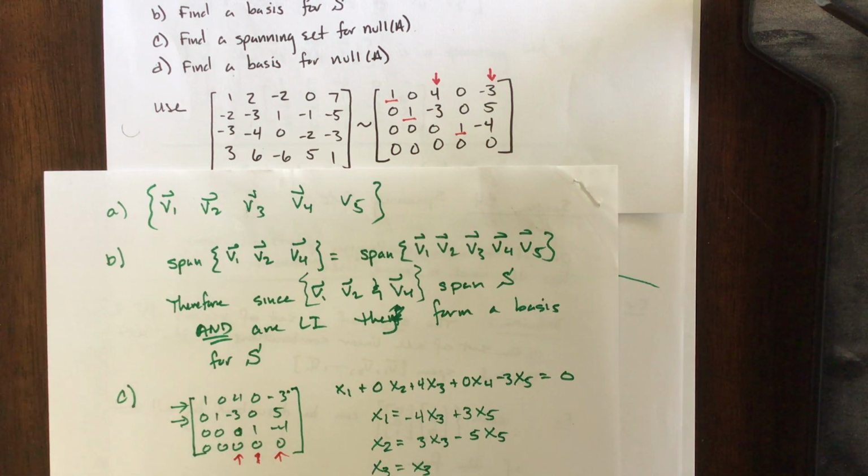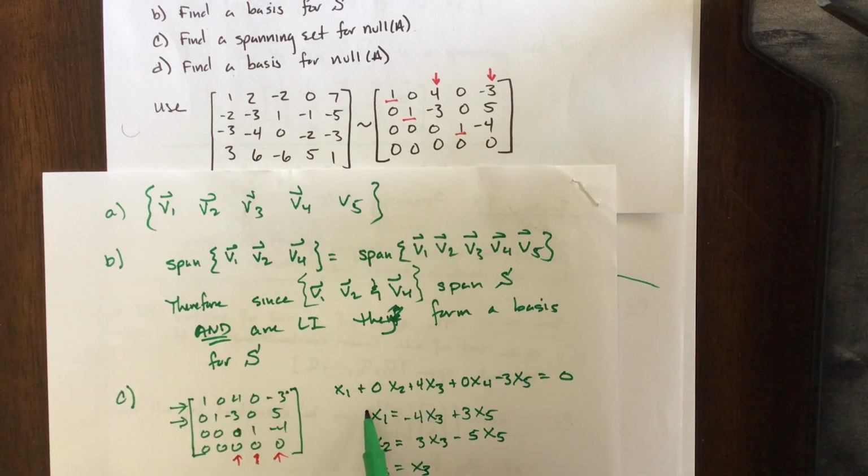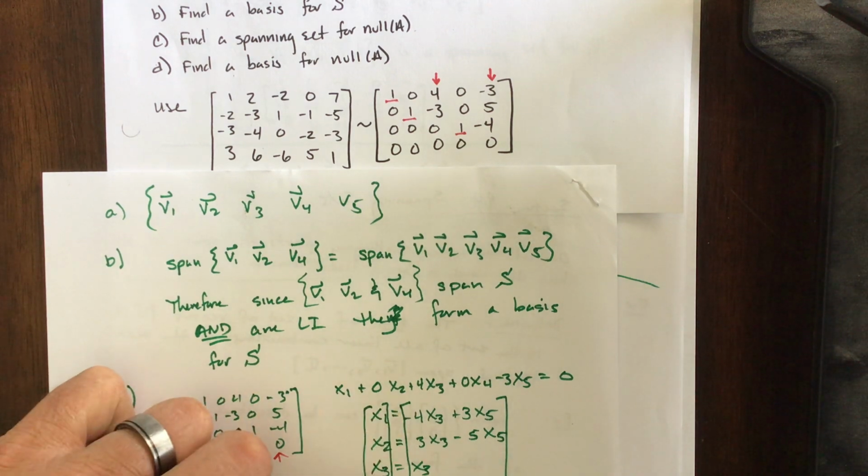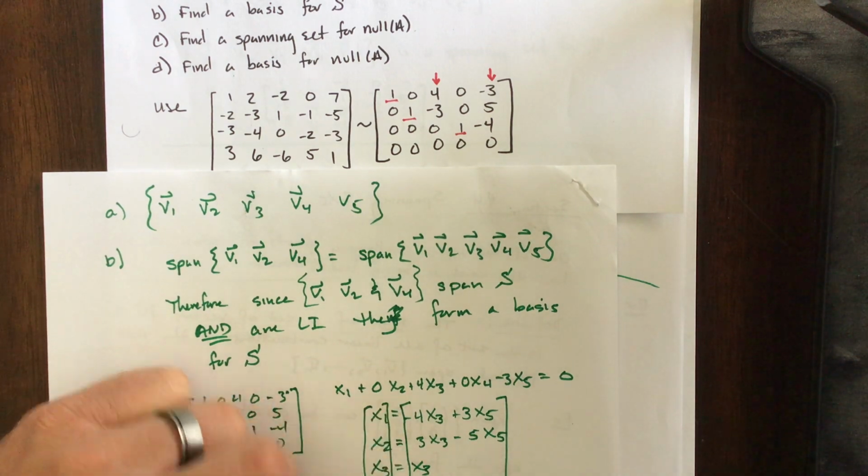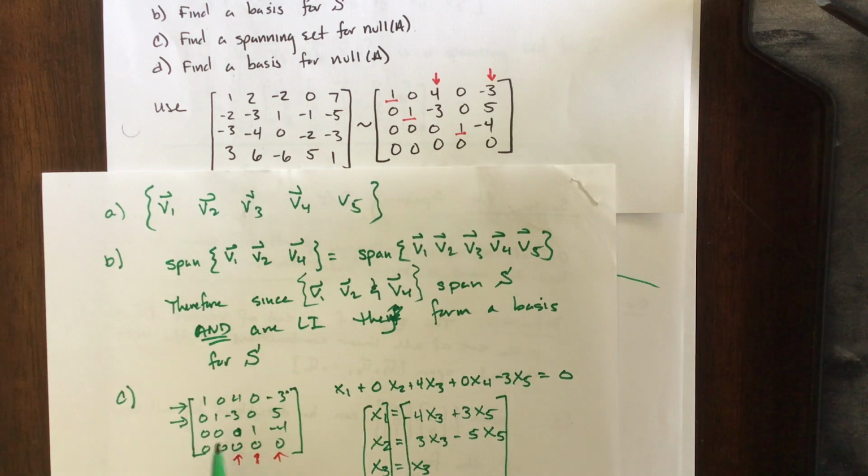Now, any vector that takes this shape, where its third component and its fifth component could be anything they please, but the first, second, and fourth components are given as prescribed, when multiplied by this matrix A, outputs 0.